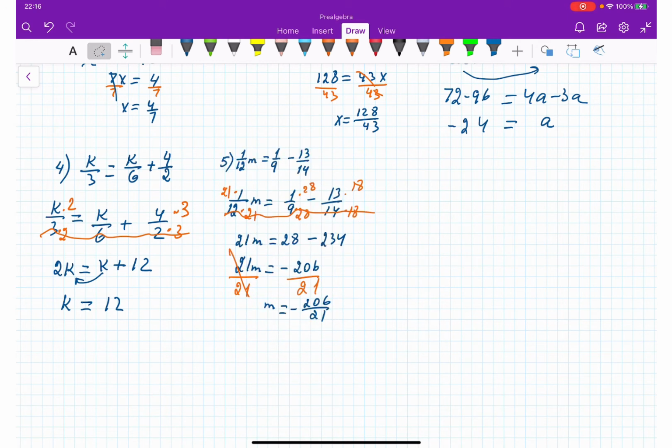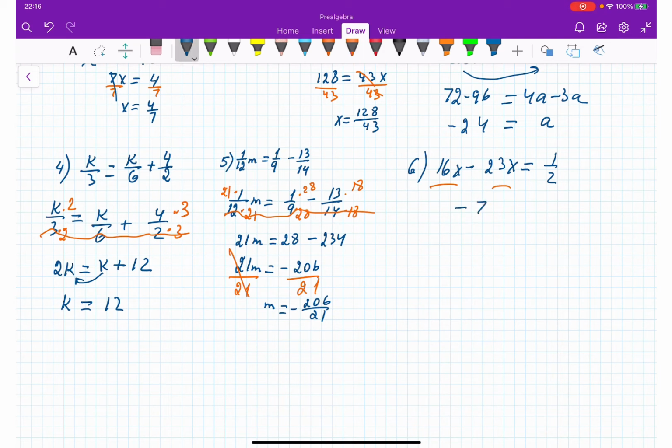Next, question number 6. 16x minus 23x is equal to 1/2. Okay, common denominator is 2, which means divide by, actually let me combine these like terms. 16x and 23x. So it's going to be what?